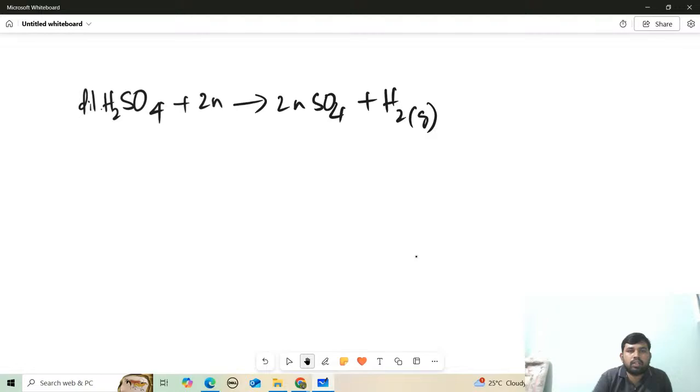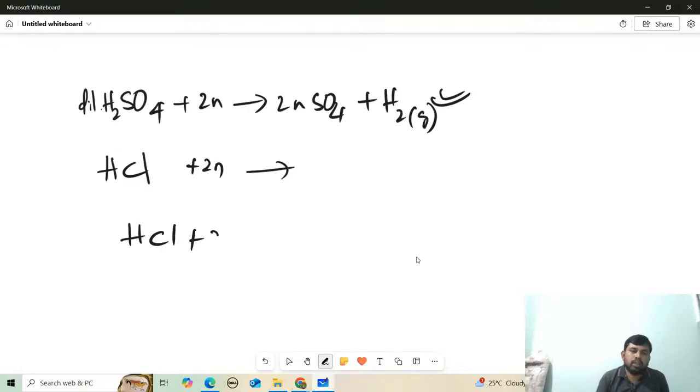This is the activity they have given. They are asking you to repeat this activity, instead of H2SO4, with dilute HCl. What happens, sir? When you take HCl plus Zn, it gives rise to ZnCl2 plus H2 gas. This is the reaction.